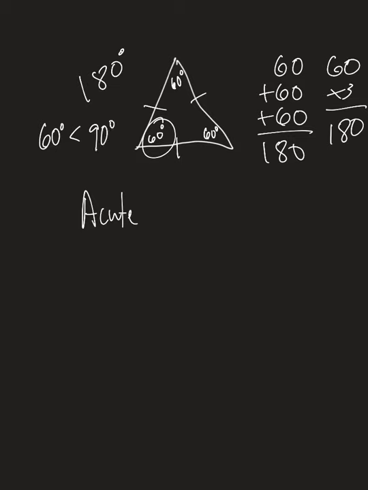And when 60 is less than 90, it's acute. And if I have all 60-degree angles, I know all my sides are also going to be the same. So this is an acute equilateral triangle.